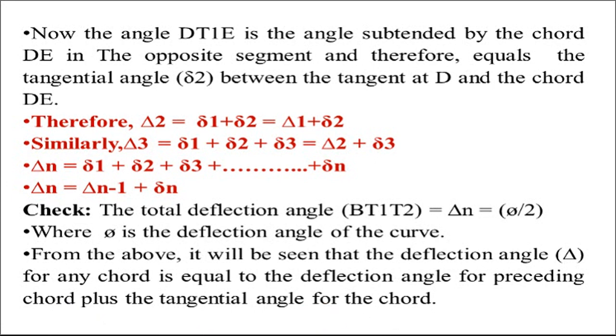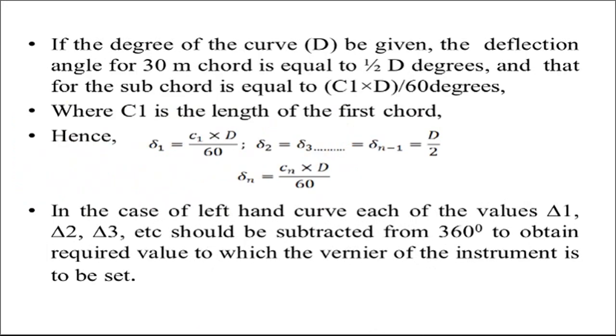Next one, if the degree of curve D be given, then the deflection angle for 30 meter chord is equal to half of capital D, and that for the subchord is equal to C1 into D divided by 60 degree, where C1 is the length of the first subchord.